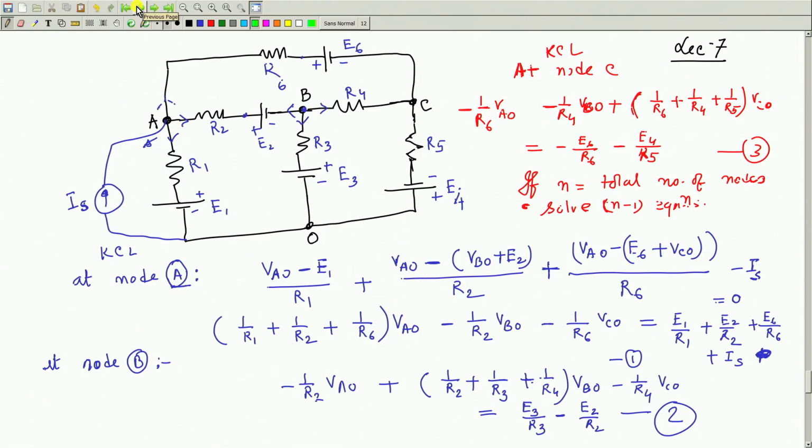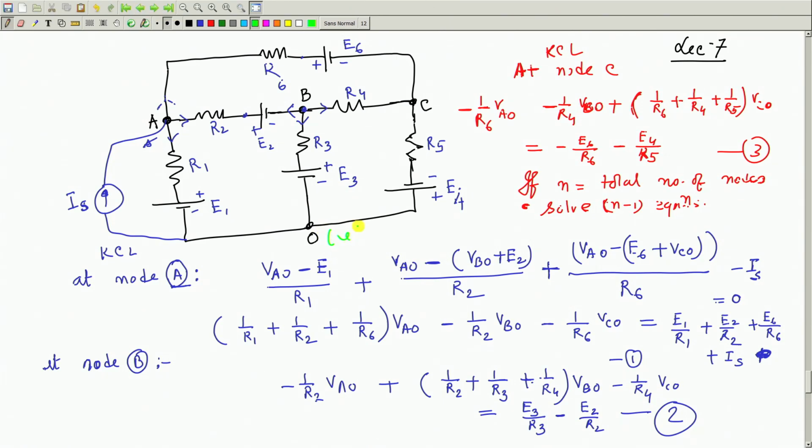Welcome to lecture 8, and we were discussing mesh analysis. Recall that in the nodal analysis the rule was like this: identify the nodes, choose a reference node.